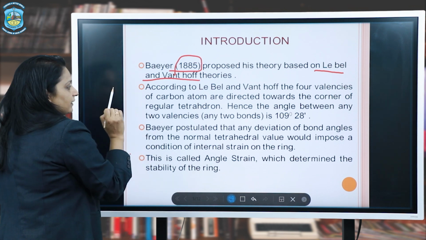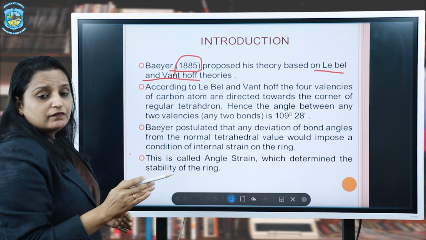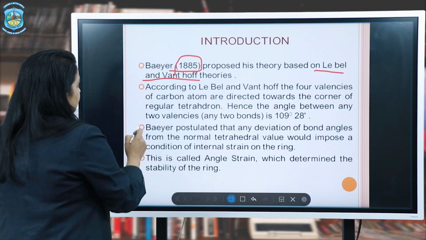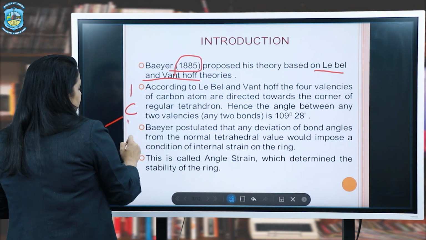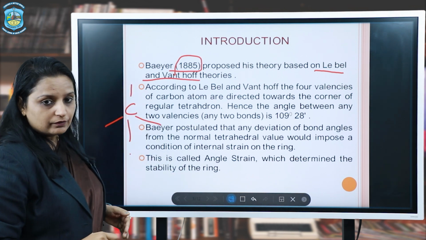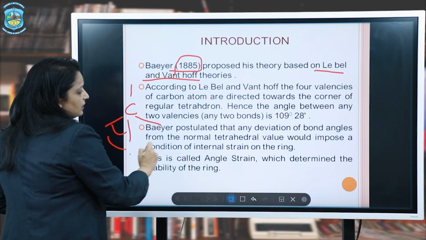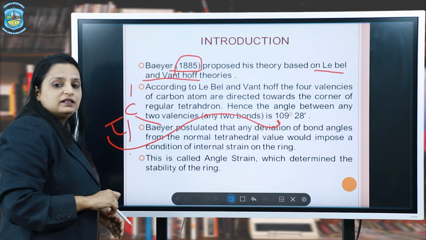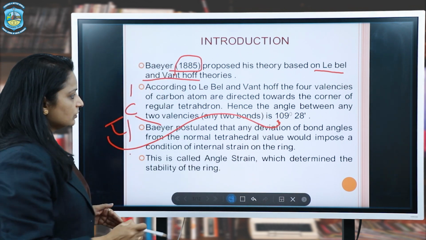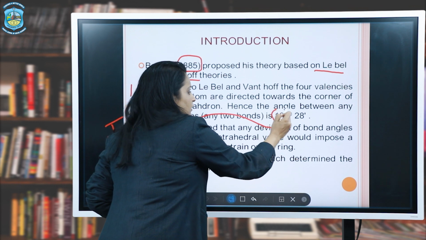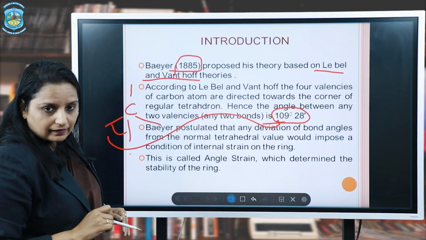I'll show you in the diagram. All the 4 valencies of carbon are directed towards the 4 corners of a tetrahedron, as you can see in the diagram, and the angle between them is 109 degree 28 minutes. So this angle is called the normal tetrahedral angle.